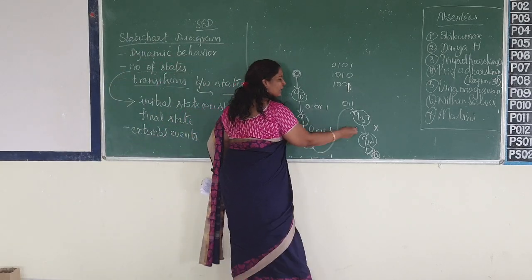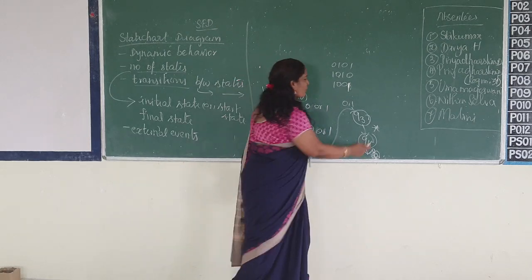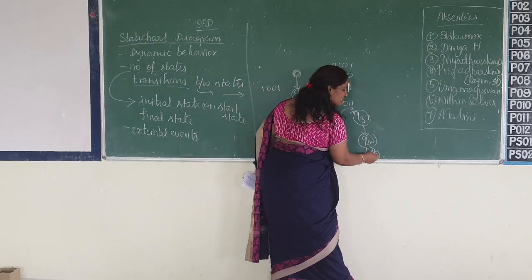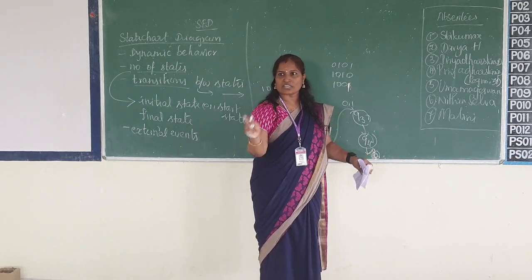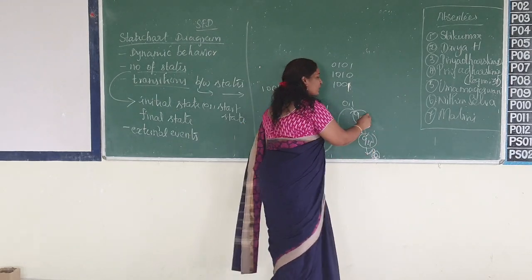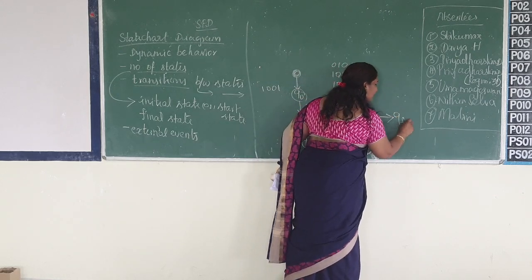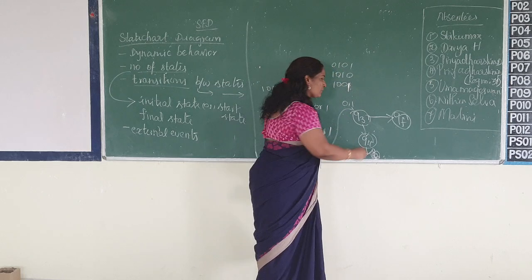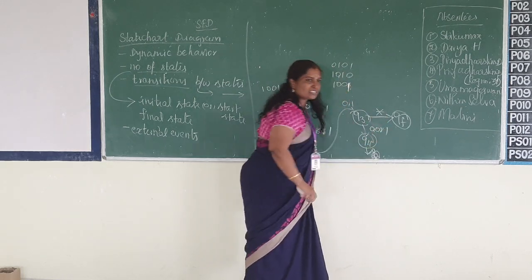But after Q3, it has received the star. Definitely it cannot go to Q4. The work is done when the work is completed, and it goes to the final state. When the work is not completed, normally it should go to the failure state. When it is a star, it cannot come to the final state.